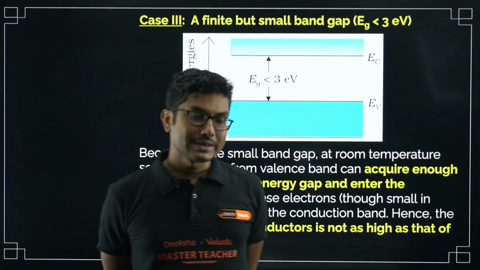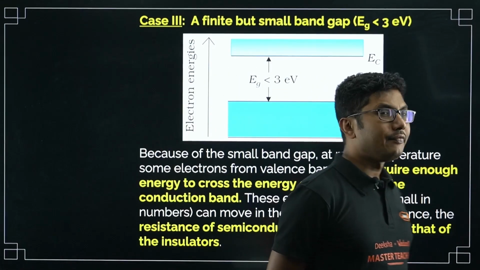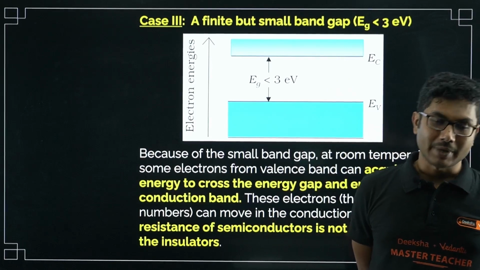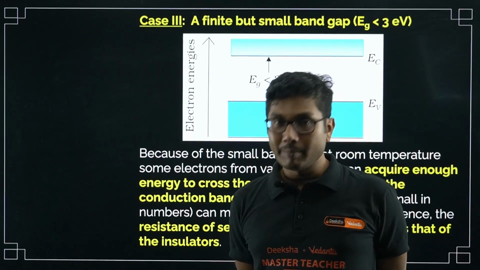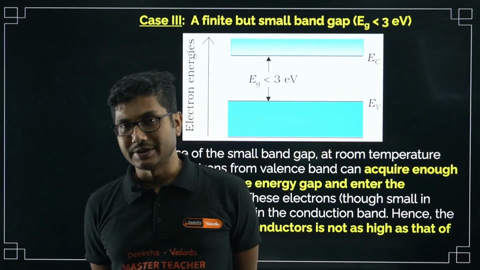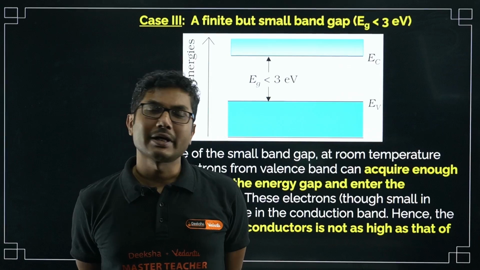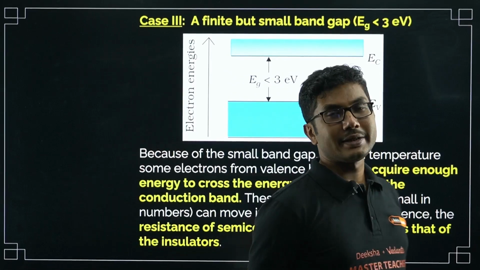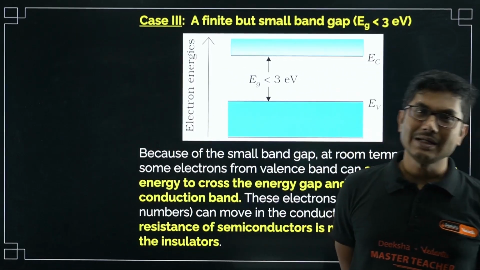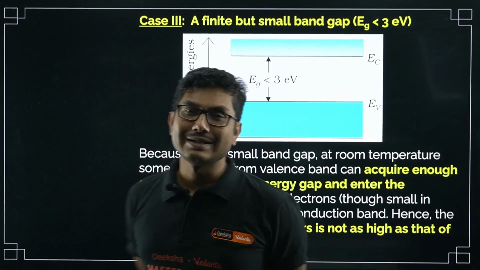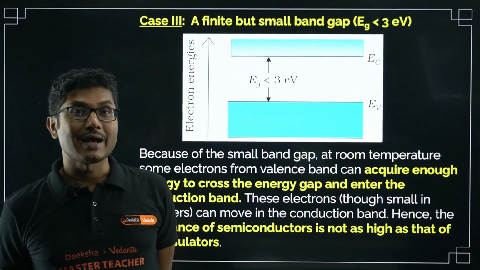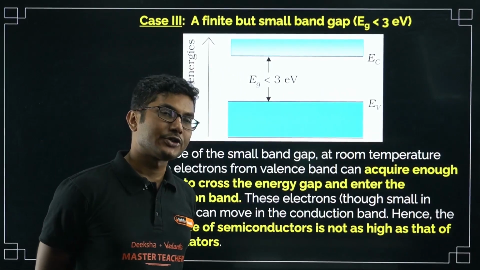What is the meaning of conduction band, by the way? If electrons are present in the conduction band, then only the material can conduct electricity. If there are no electrons in the conduction band, it will not conduct any electricity. To conduct electricity, it must have some electrons present in the conduction band.